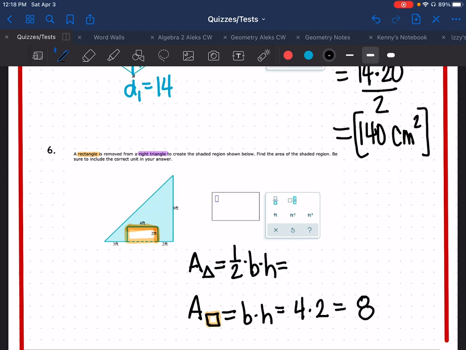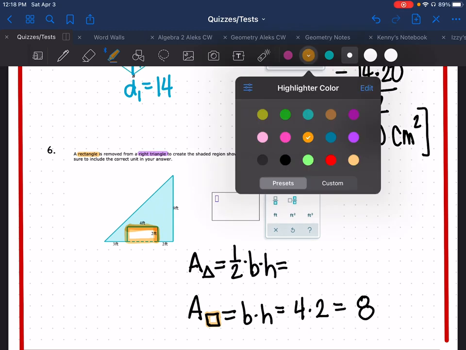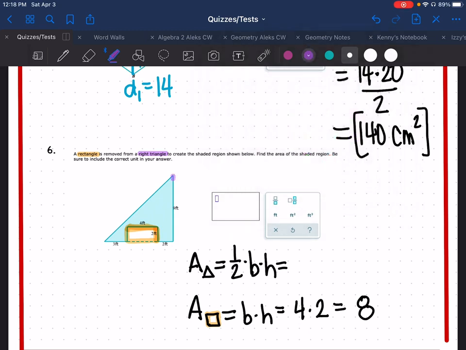Okay, now my triangle, my right triangle, let me grab this purple, would be this guy right here. There's my right triangle. And the base of the right triangle is going to be this part right here. Here's my base, and here's my height.